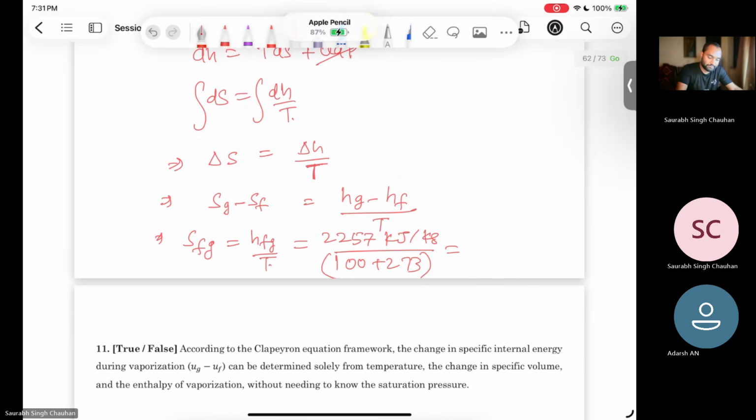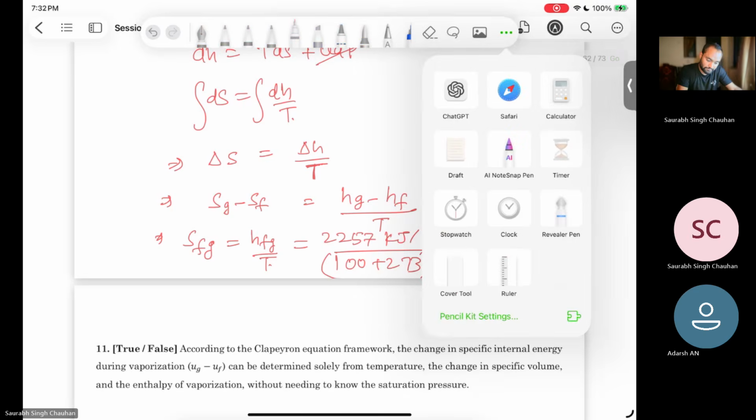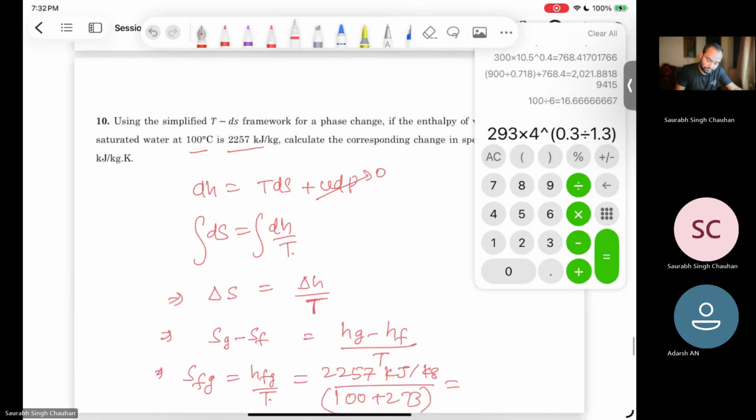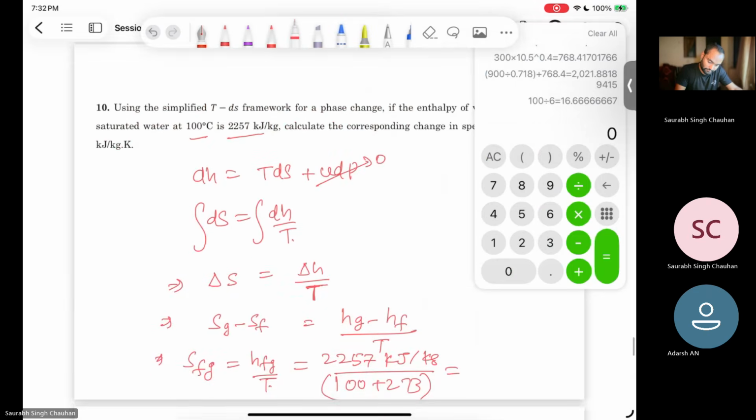So what will be the value? 2257 divided by 273 plus 100. 6 point something. 6.05 kilojoule per kg Kelvin.